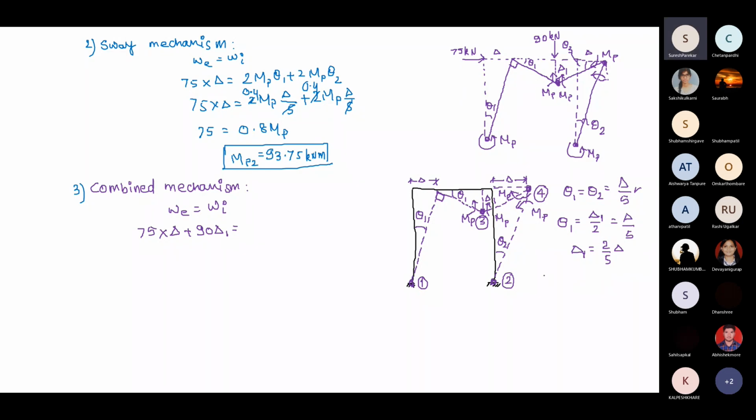Now we have θ3 is equal to delta 1 by 2, which is again delta by 5. Same for θ3, we will get delta by 5.